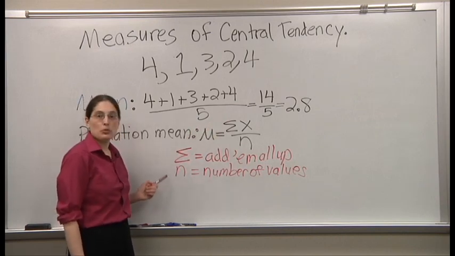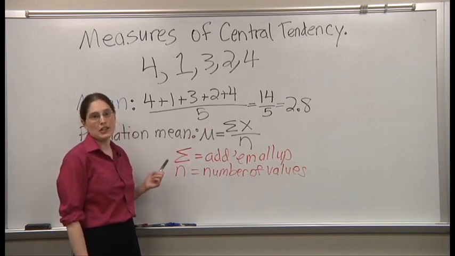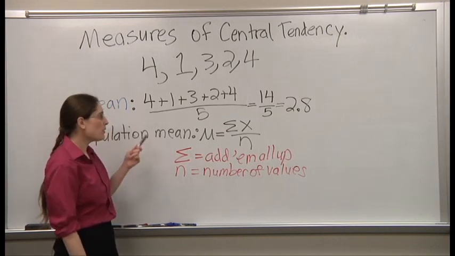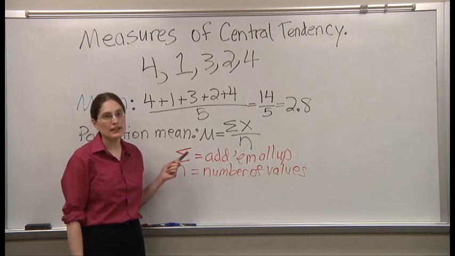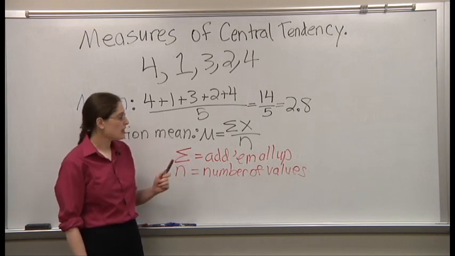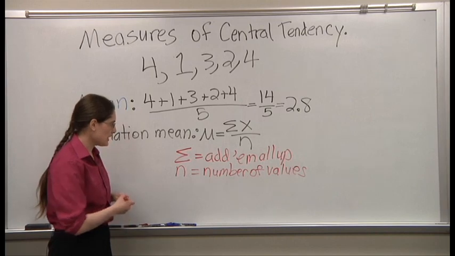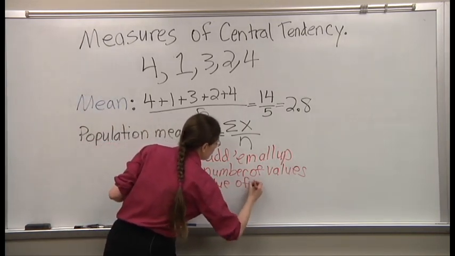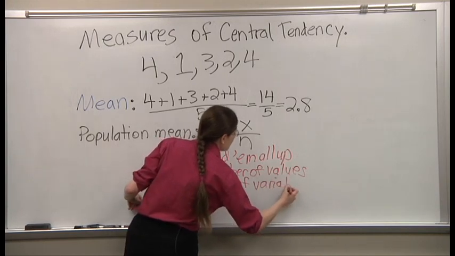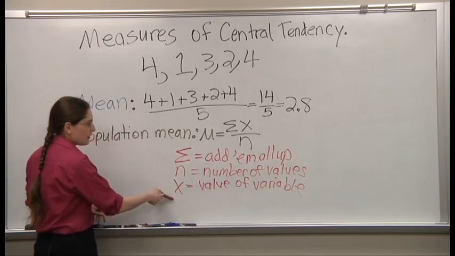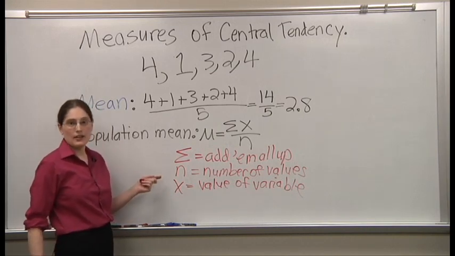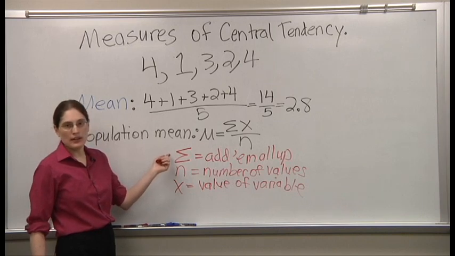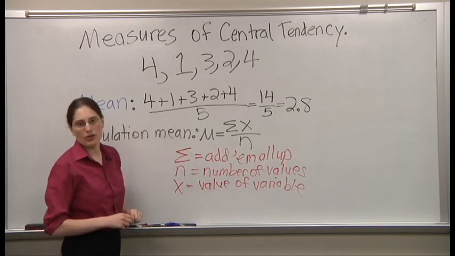These symbols will show up over and over again in other formulas through the class. And some of these formulas will be things that are a little more complicated than taking a mean. So, be familiar with these guys. X, a value of the variable, n, the number of values that you have, and sigma, the pointy e, add them all up.